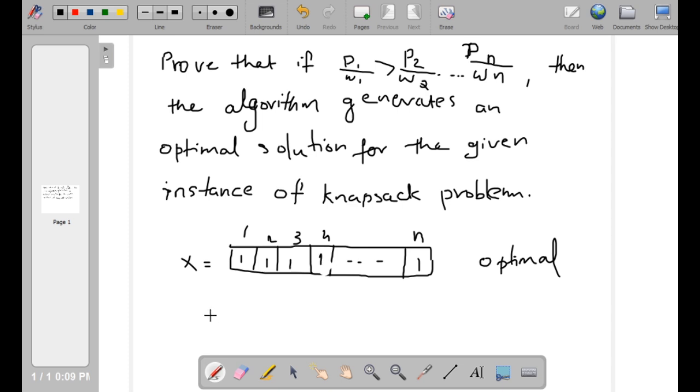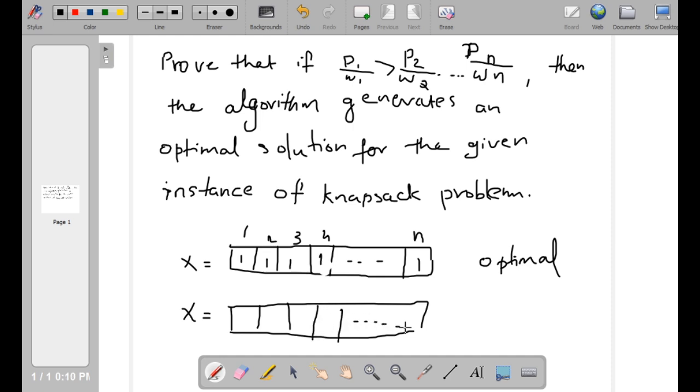Suppose the solution given by this algorithm is something like this. You have picked item 1, a complete block, 2, a complete block, third item, a complete block, and 3 by 4th of the fourth item. 1, 2, 3, 4.